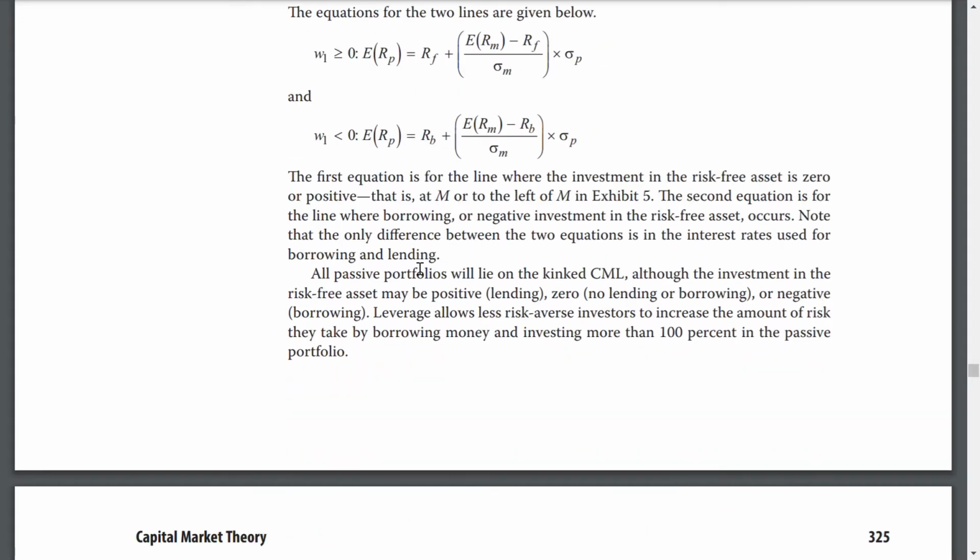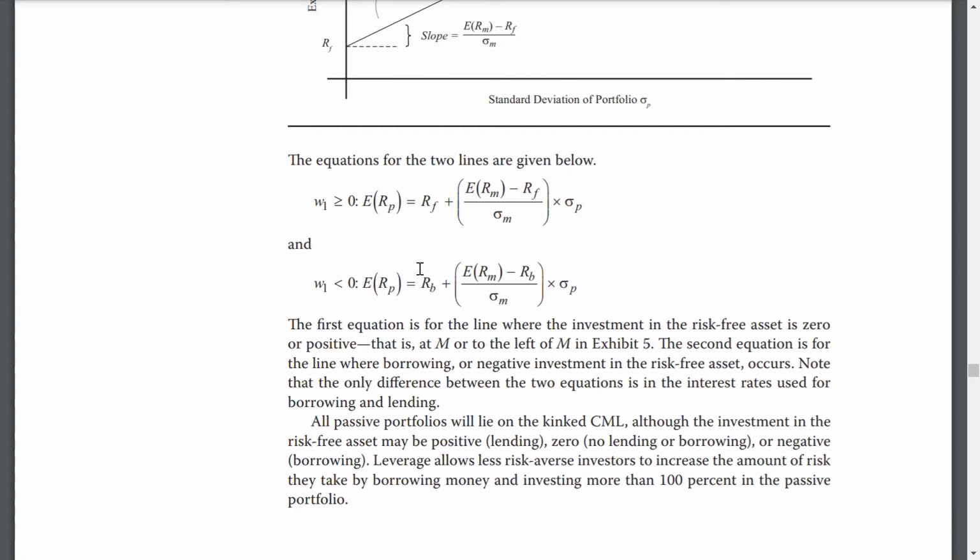The first equation is for the line where the investment in the risk-free asset is 0 or positive, that is at M, or to the left of M in Exhibit 5. The second equation is for the line where borrowing, or negative investment in the risk-free asset, occurs. Note the only difference between the two equations is the interest rates used for borrowing and lending.